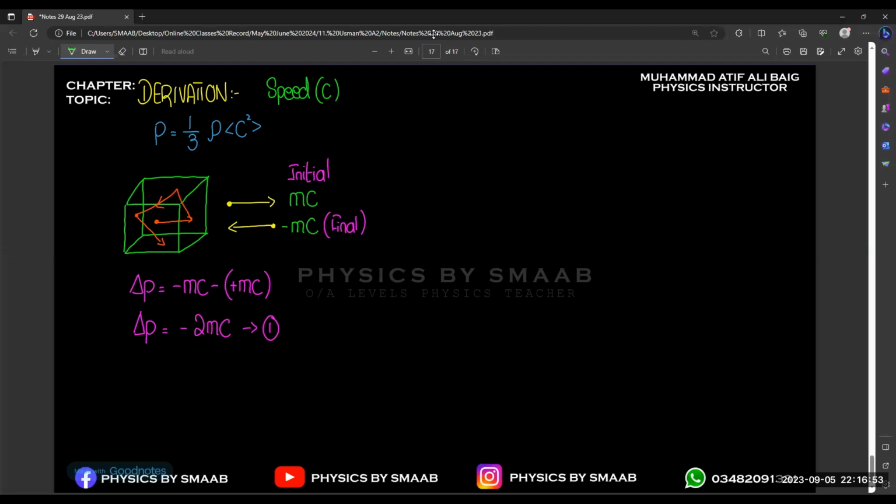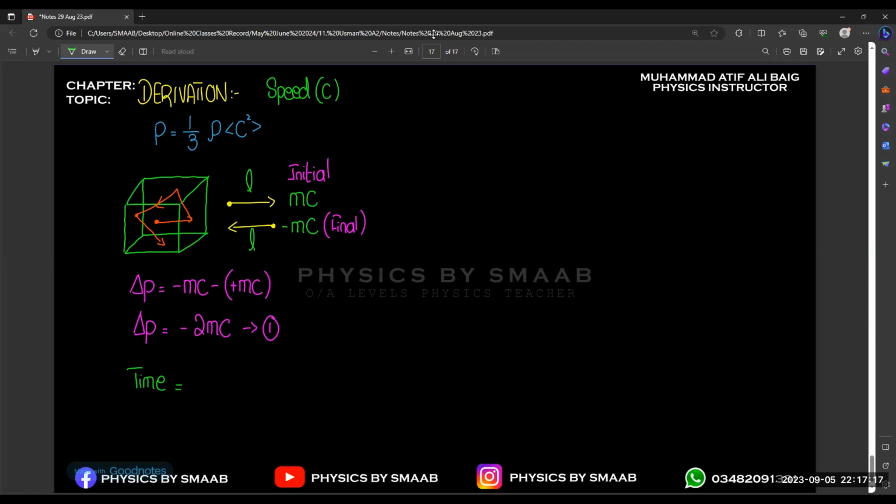So your second concept will be like this: you need to calculate the time. If you want to calculate the time, your time will be equal to the distance. Basically distance will be twice the length, because we are moving in the forward direction and in the backward direction. So your length is going to be multiplied by 2, right?